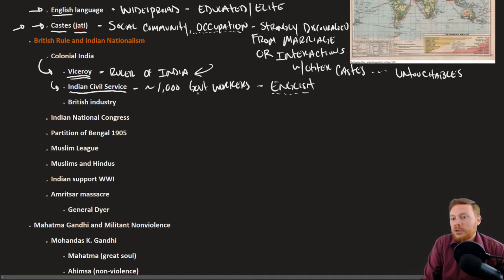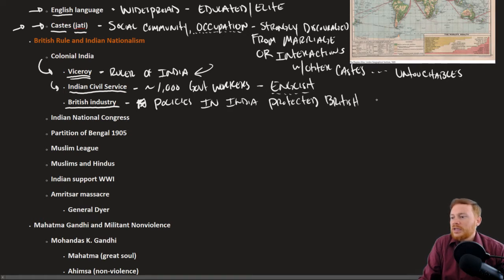And one of the major goals for Great Britain in India was to protect British industry. So about British industry, we want to say that policies in India protected British industry.